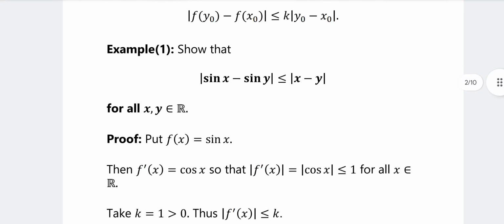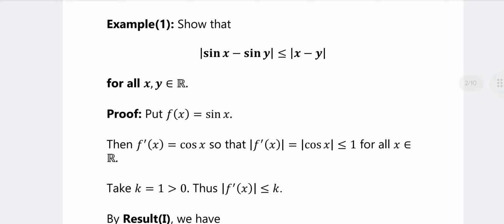So this can be proved easily. I can take f(x) equal to sin x. So the derivative of f is nothing but cos x, and I know that cos x is always bounded, because cos x never exceeds the range minus 1 to 1. So its absolute value is always less than or equal to 1.